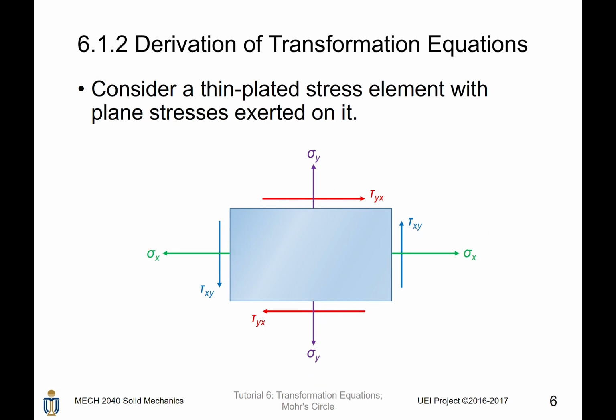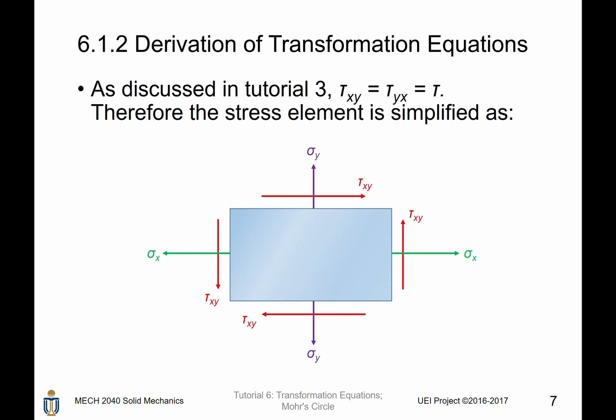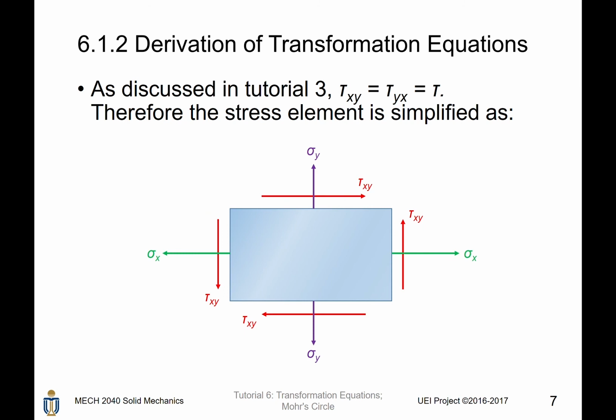There are also 4 shear stresses acting on the surface of the stress element. As we discussed in the previous tutorial, the shear stresses on the stress element are of the same magnitude. Therefore, we can simplify the stress element such that all those 4 shear stresses share the same notation, tau xy.